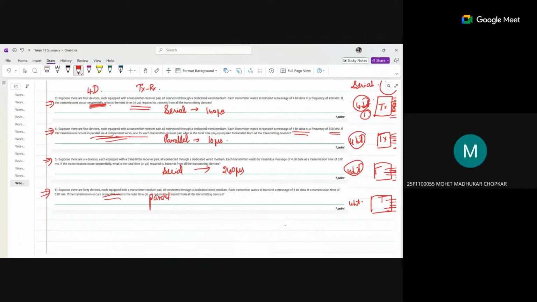But ma'am, we had to find it in microseconds. So microsecond is 10 to the power minus 6, ma'am. Yes, micro is 10 to the power minus 6. Then later to the frequency module. How much is given in the practice assignment as the answer? I think that answer is wrong. They have given it as 80.